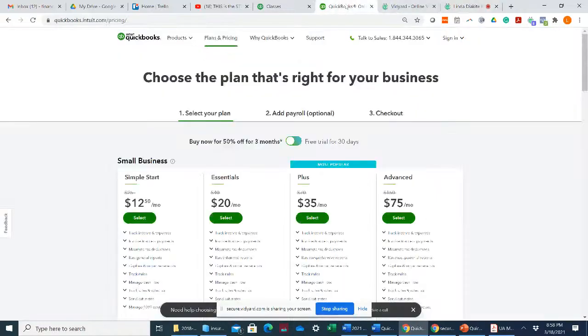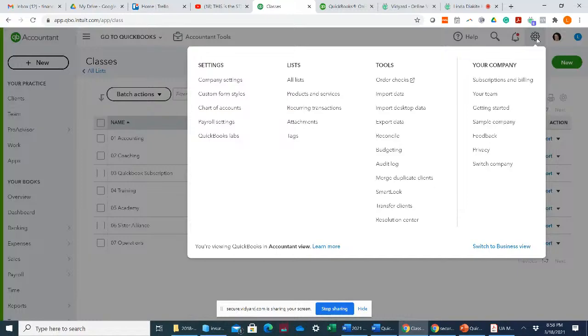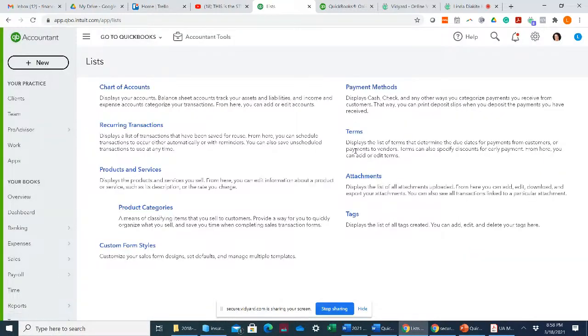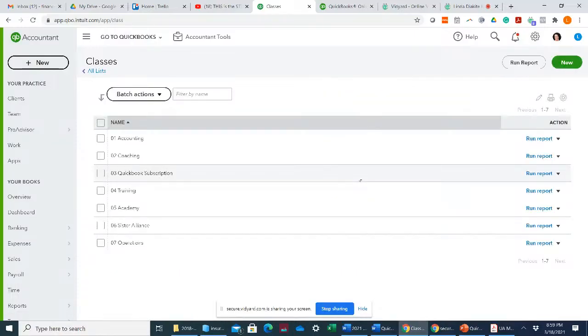So I am going to go over to QuickBooks, and this is actually my company file. For classes, if you go to the wheel on the right-hand side, go to list, and then go to classes, you will be able to create classes.